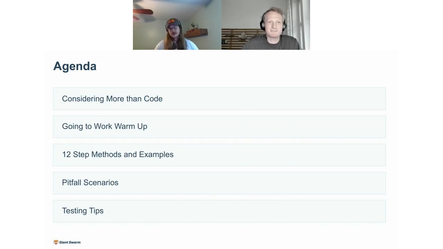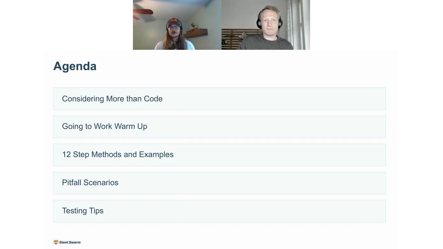For our agenda today, the first thing we'll do is a quick thought exercise considering more than code. After that, we're going to do a warm-up, a fun little thought exercise outside of Kubernetes, just to get us thinking in the right context. Then we'll move on to the meat of it, where we'll talk about the 12-step methodology and some real-world examples we've seen of when that hasn't worked out so well.